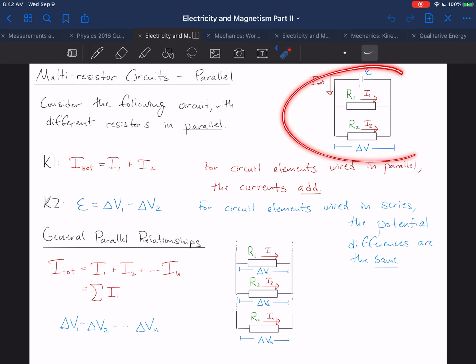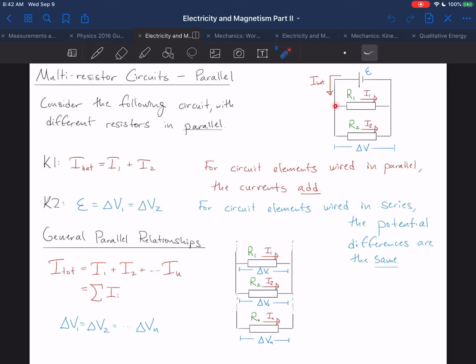So consider this simple parallel circuit. Remember that parallel means that the resistors are connected on both ends. As a result, let's apply Kirchhoff's first law to this particular case and Kirchhoff's second law. Kirchhoff's first law says that for each of these junctions, the current through the battery is equal to I1 plus I2.